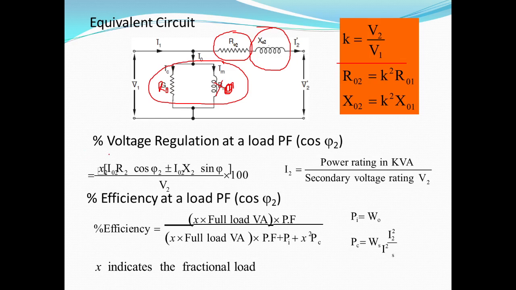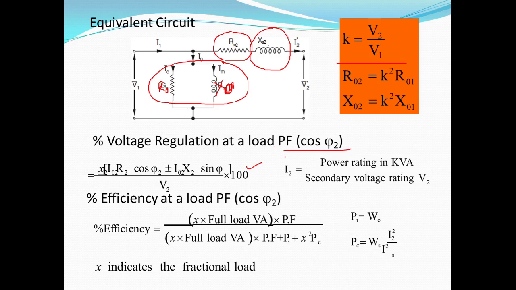With the help of the percentage regulation formula at power factor cos phi 2, we can write it as x into I2 R02 cos phi 2 plus or minus I2 X02 sin phi 2, upon V2, into 100. This is the percentage regulation at any load and any power factor of the transformer.